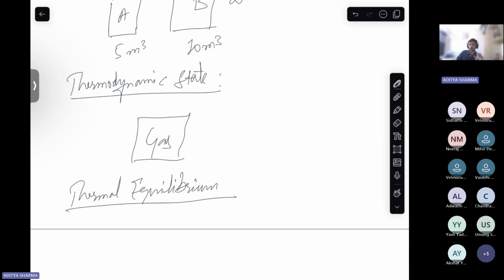For a system, I want a thermodynamic state, right? And to define a thermodynamic state, the system has to be in equilibrium. Only then I can define a state. That is why we are discussing this equilibrium here. So that is the significance of equilibrium.